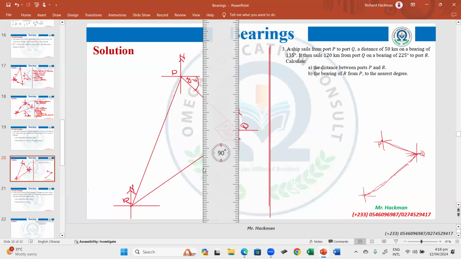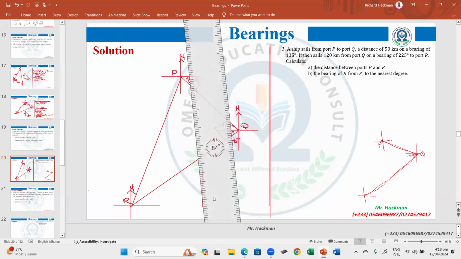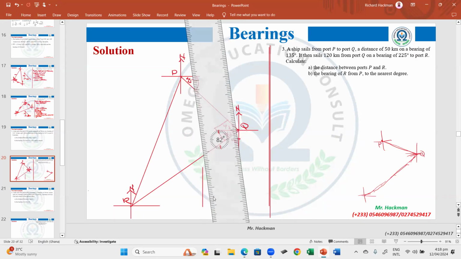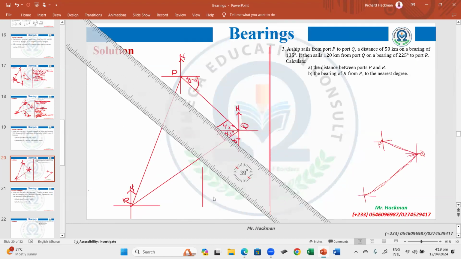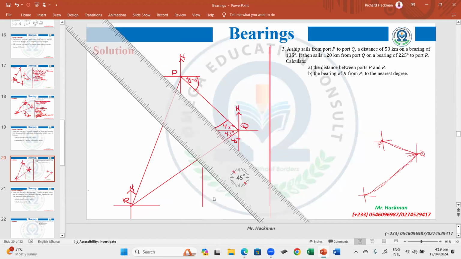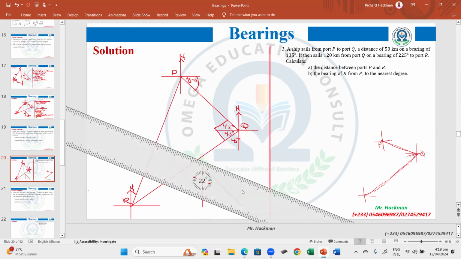So my right angle triangle, to get a better picture of the situation at hand. All right, so we are good to go. Then I come and do this.